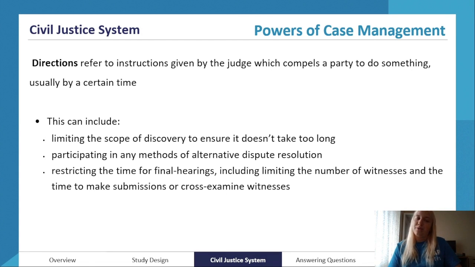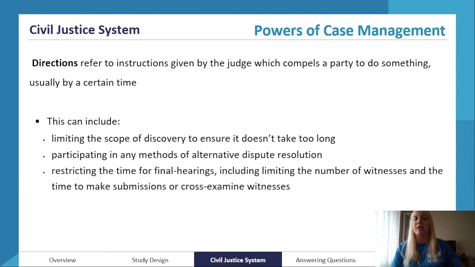It can also include participating in any methods of alternative dispute resolution, not just mediation. The judge could send parties to conciliation or arbitration as well. Fun fact, for claims within the magistrates court, any claim under $10,000 will get sent to an arbitration hearing.